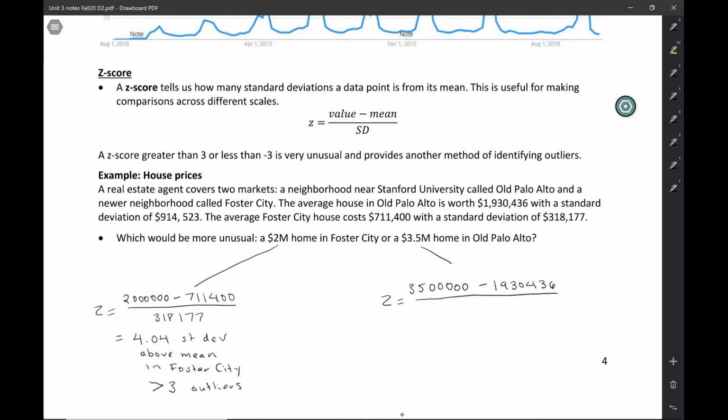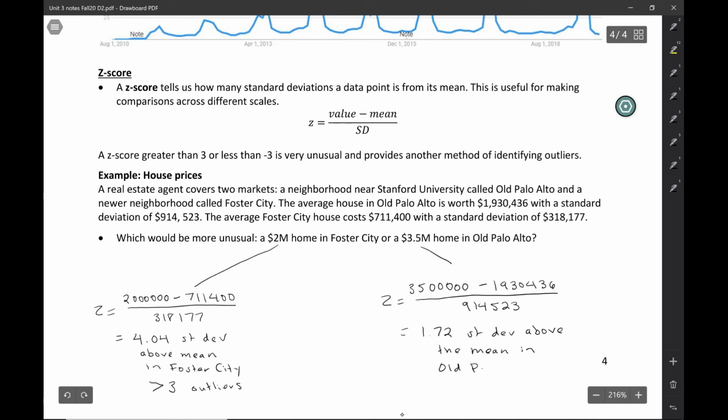So we divide by 914,523. And when we do that, we see that this particular house is only 1.72 standard deviations above its mean. So standard deviations above the mean in Old Palo Alto, right? It's being compared to its particular neighborhood.